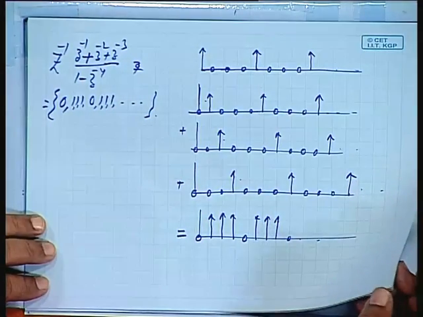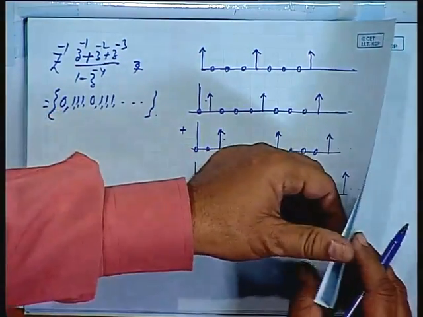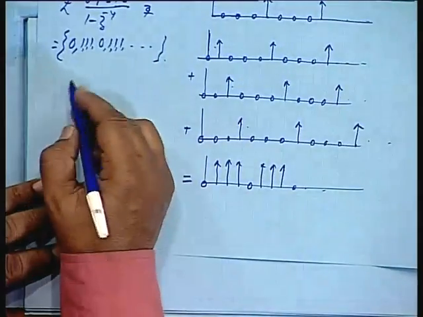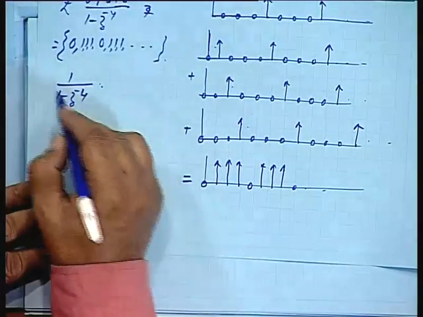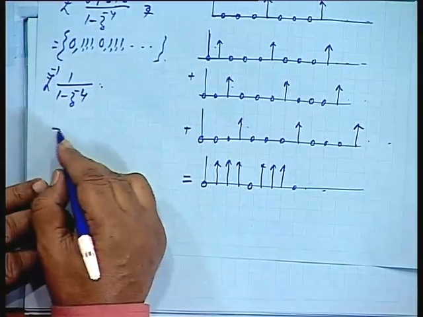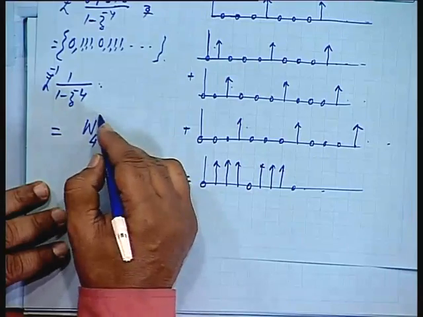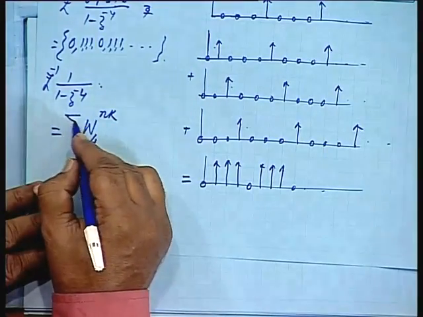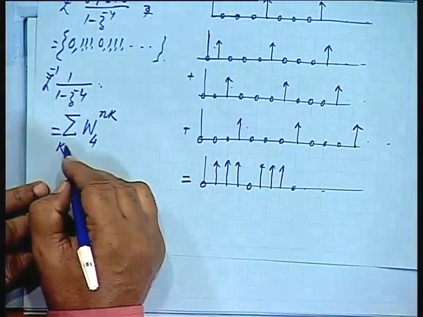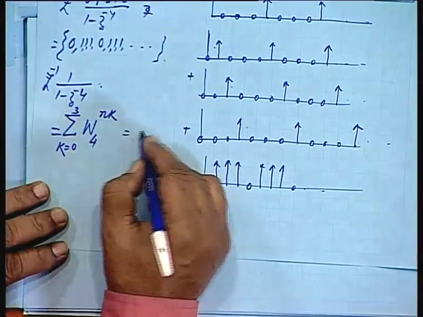If one wants to write in a closed form, that is instead of giving the sequence, that also you can write, what would be the expression for this? Z inverse of this, W 4 to the power n k, summation k varying from 0 to 3, that will be equal to h n.